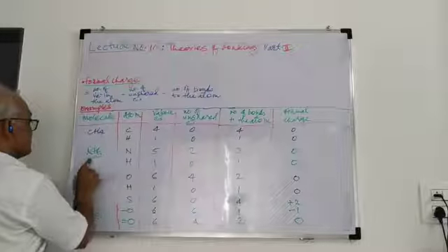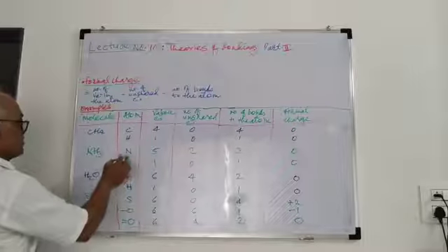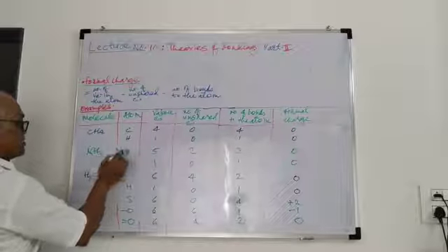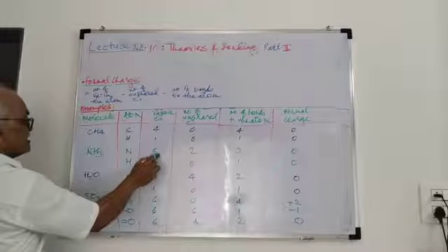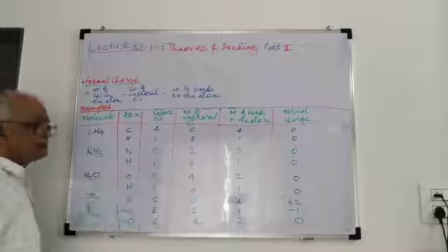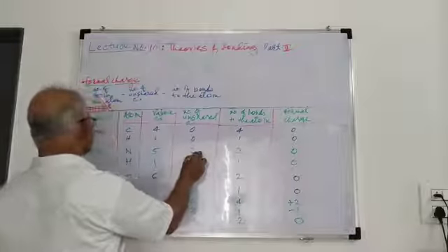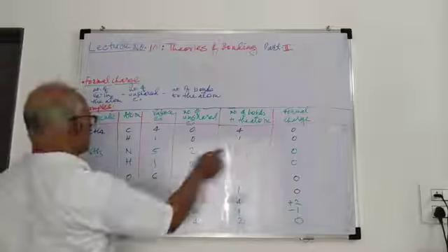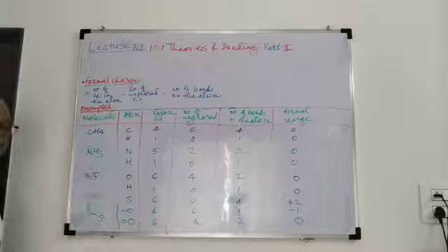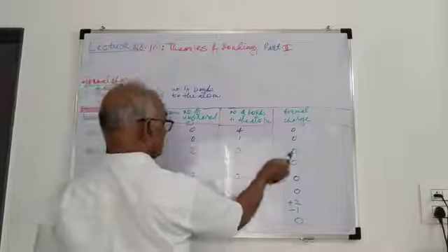Now this second example, NH3. Here nitrogen is at the center. It has 5 electrons in the valence shell. 2 electrons are unshared. Then 3 bonds with 3 hydrogens. So 5 minus 2 minus 3 gives 0.